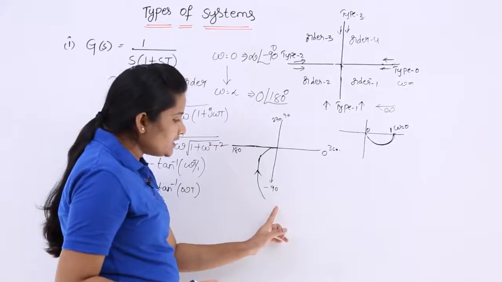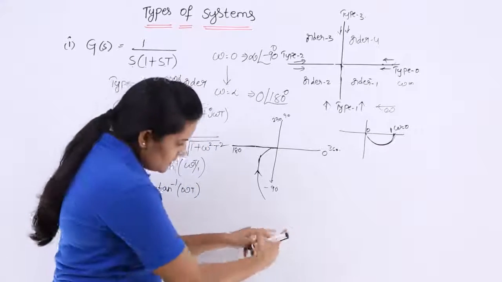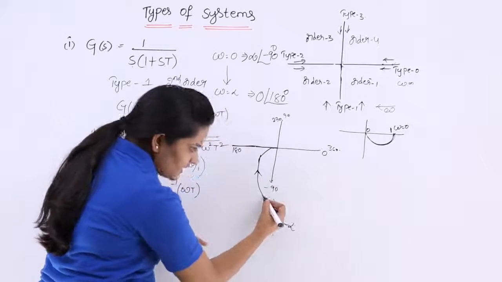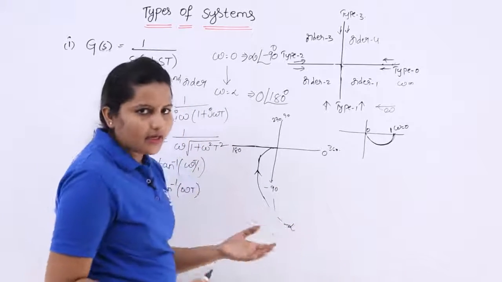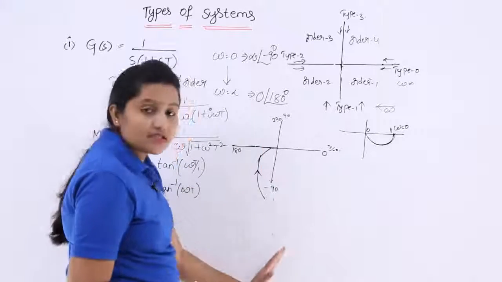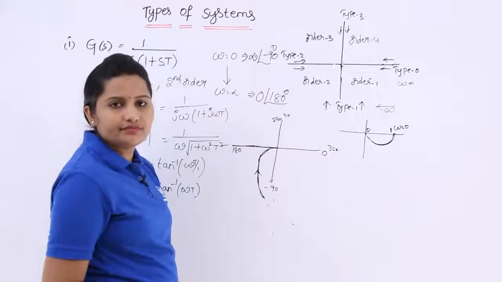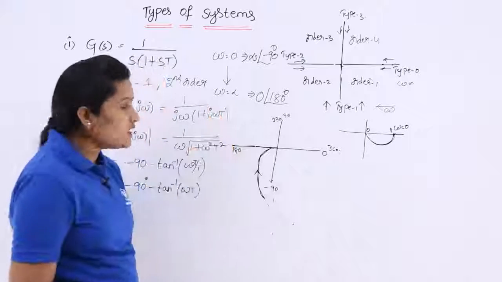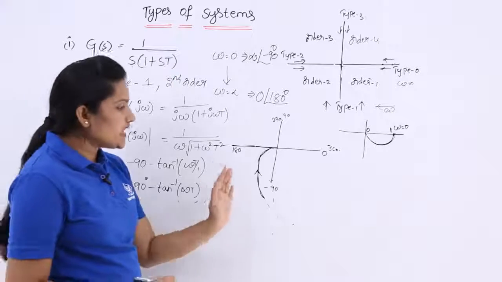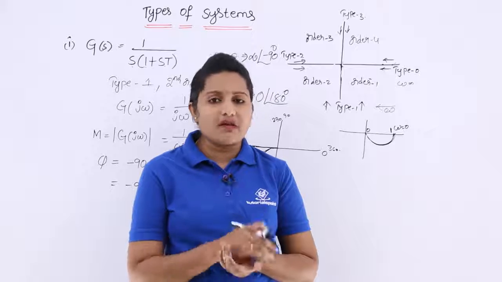Infinity means I do not know at which point I need to touch. For example, if you said this is infinity, I could touch the minus 90 degrees line there. But as we do not know where infinity is on the minus 90 degrees line, you just leave the plot like this. So this is the polar plot for a type 1, second order system. Like this you can have different polar plots for different types of systems.